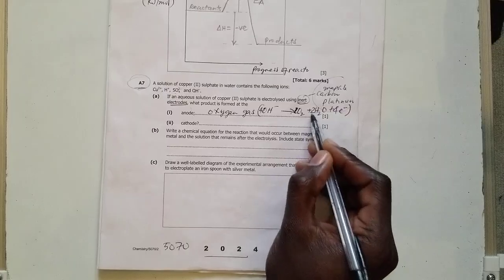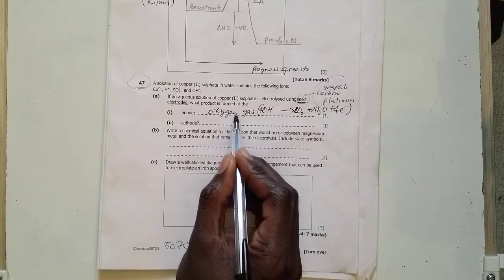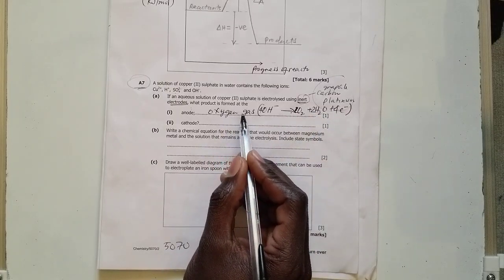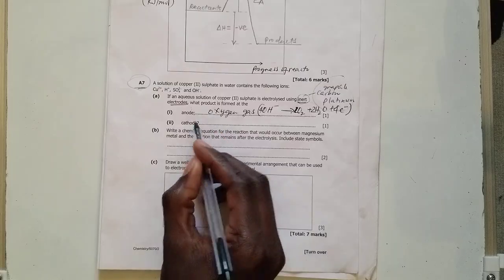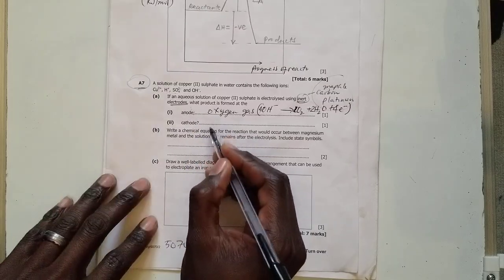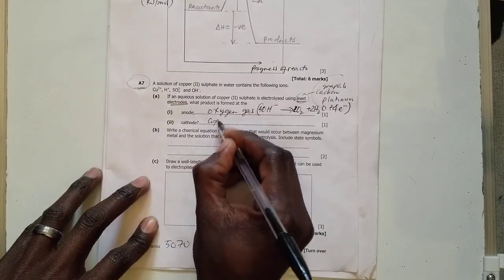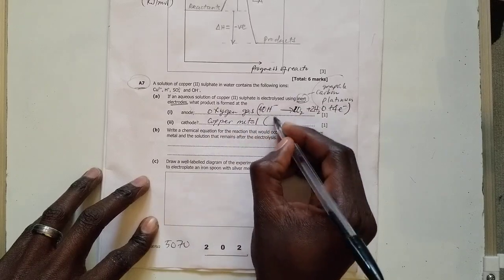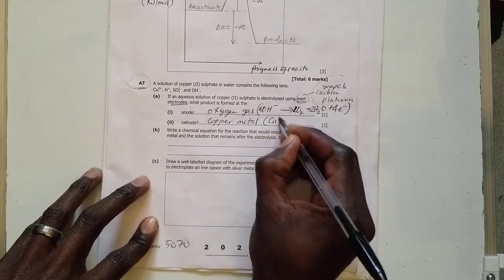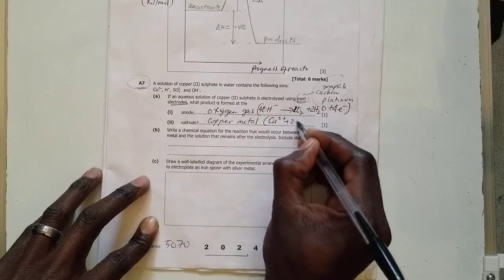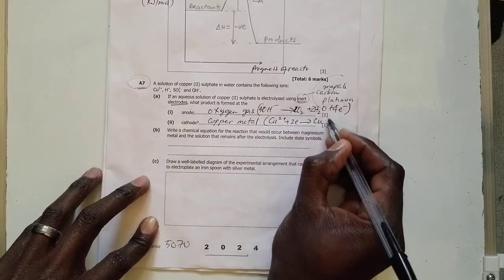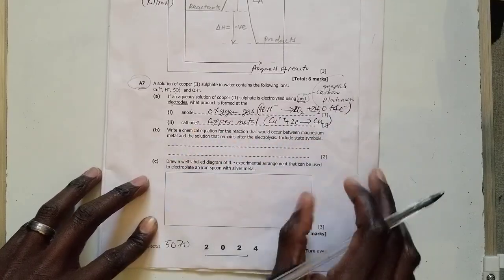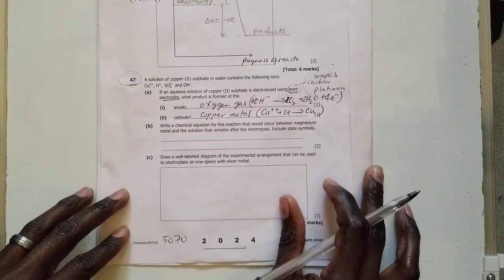So you can see that oxygen will be produced. So oxygen gas is actually expected to be produced at the anode. Then at the cathode, you expect to have copper metal deposited. So the copper 2 ions will gain 2 electrons and hence they will become copper. So that's what they wanted you to write there.